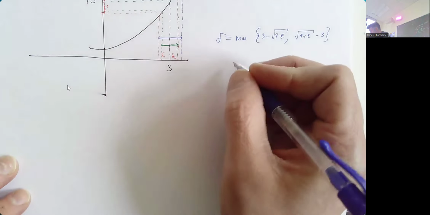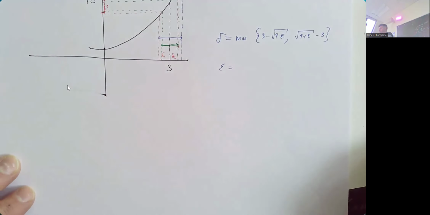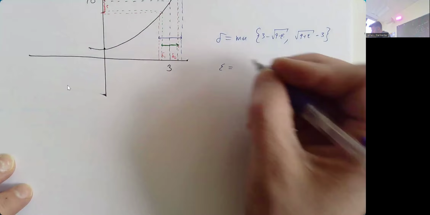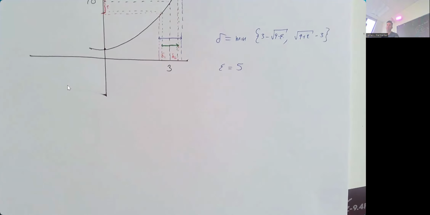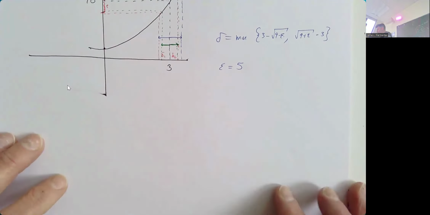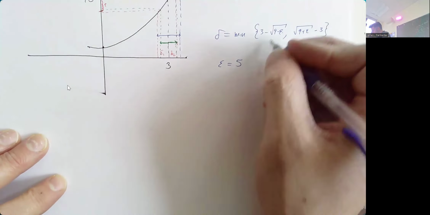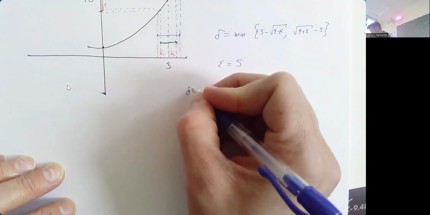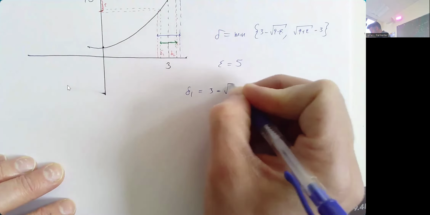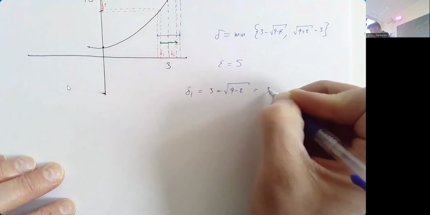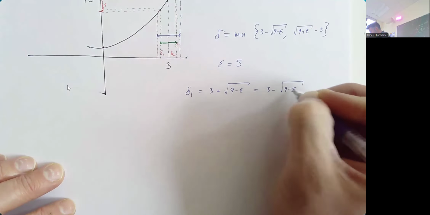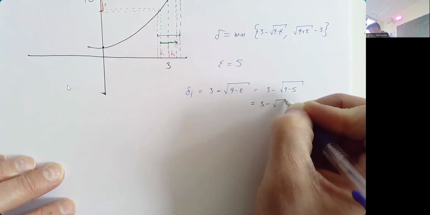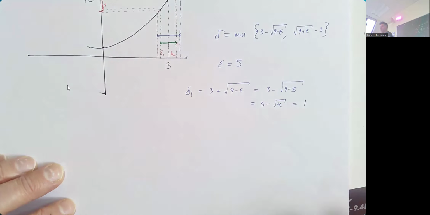I'm going to pick epsilon equal to, let's not go too big here, James. Let's say you pick epsilon equal to 5. It's pretty big still, but not out of the realm of reasonable. If epsilon is equal to 5, then our delta 1, which is 3 minus the square root of 9 minus epsilon, is 3 minus the square root of 9 minus 5, which is 3 minus the square root of 4, which is 3 minus 2, which is 1.